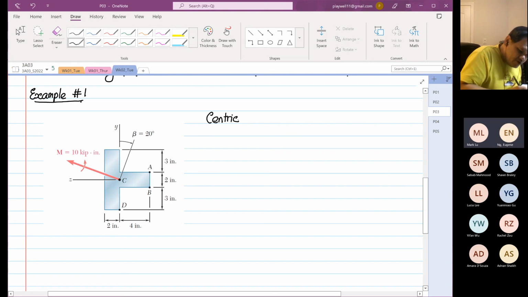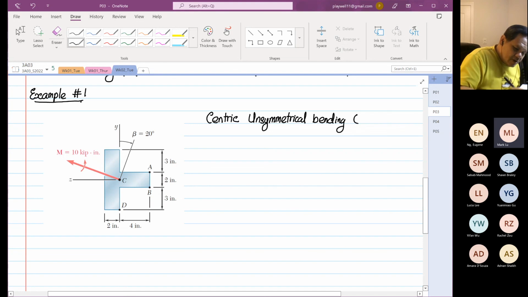We know this problem is classified as centric. Later on, we will do eccentric, and you will probably remember it. So the problem is centric unsymmetrical bending, because the moment has y and z components.